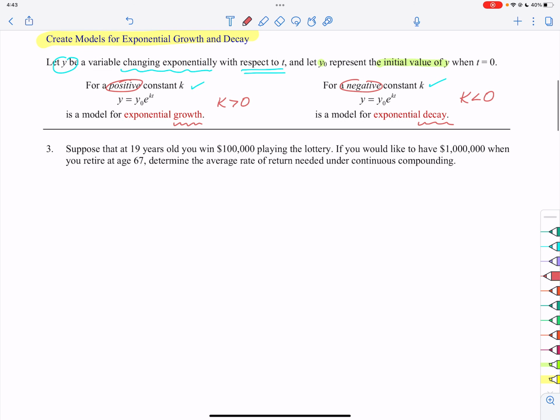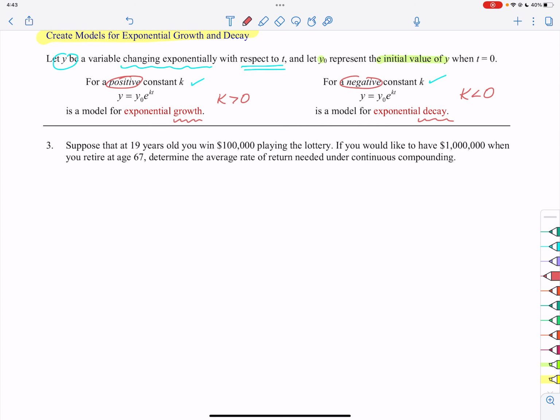Let's try to create a model in number 3. Suppose that at 19 years old, you win $100,000 playing the lottery. If you would like to have $1 million when you retire at age 67, determine the average rate of return needed under continuous compounding.